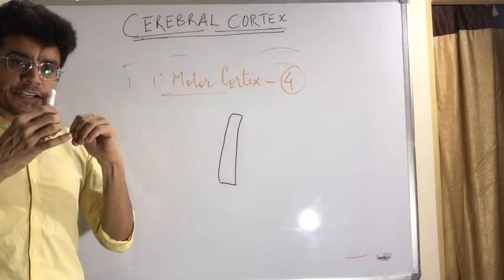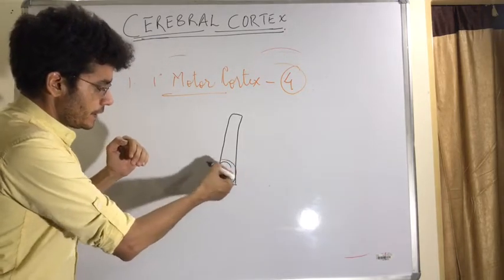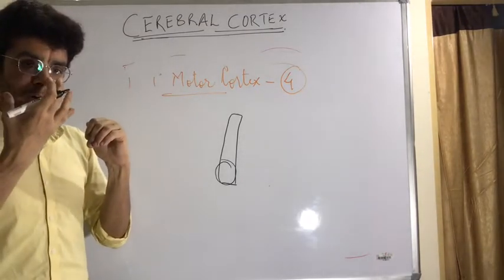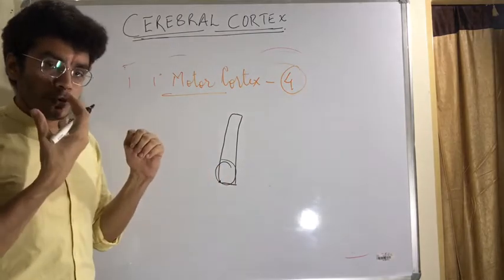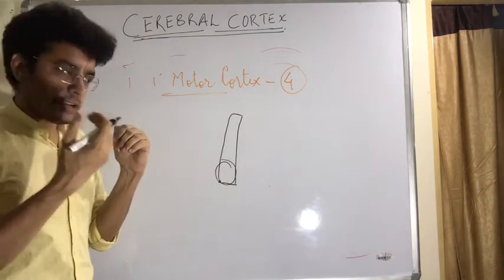What does it mean, upside down? It means the lowermost part, this part, represents our head, and then our mouth, tongue, and the muscles of the pharynx and larynx.